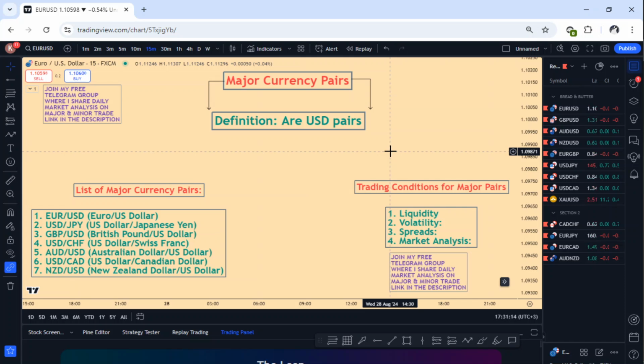By definition, the major currency pairs are the most frequently traded pairs in the forex market. They usually have the USD as either the base currency, that is always the first currency, or the quote currency, which is always the second currency, and another major currency from a bigger economy.